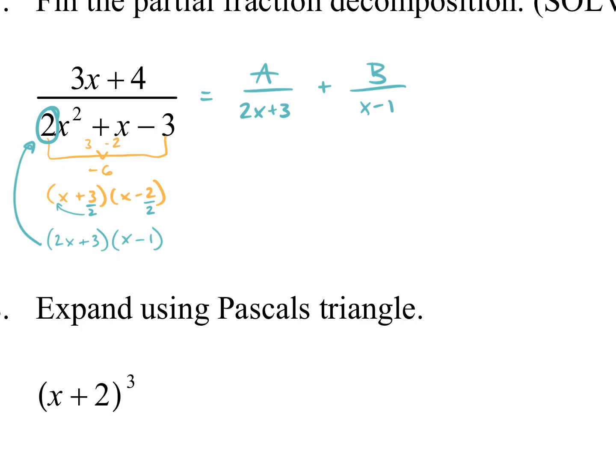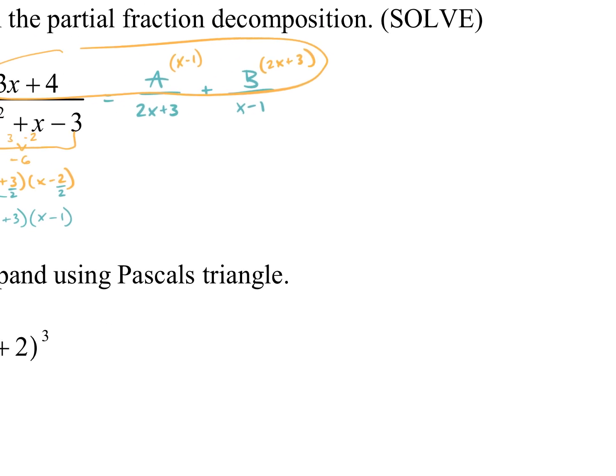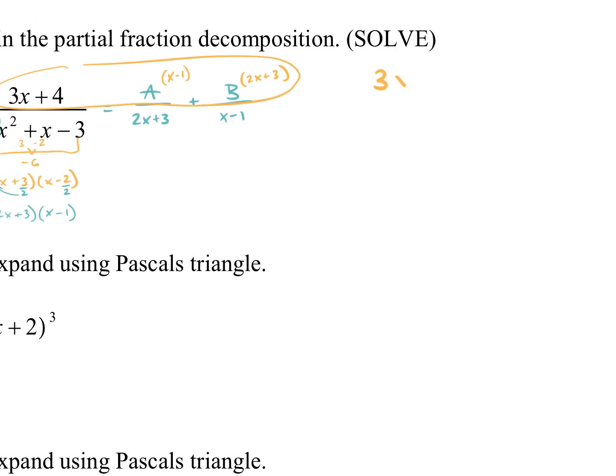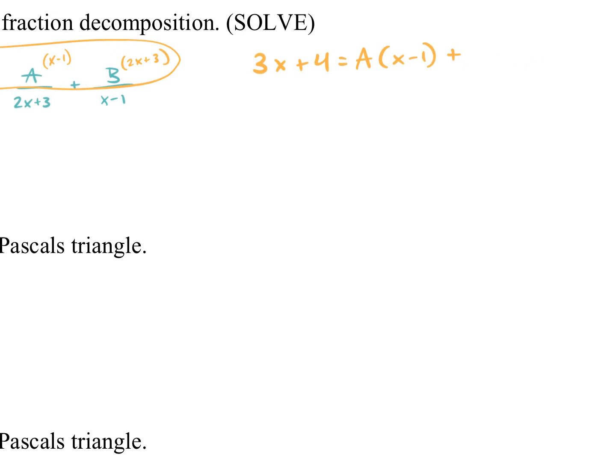We want to multiply by our missing denominator. So A gets multiplied by x minus 1. B gets multiplied by 2x plus 3. And then set the numerators equal. So this gives us 3x plus 4 equals A times x minus 1 plus B times 2x plus 3.